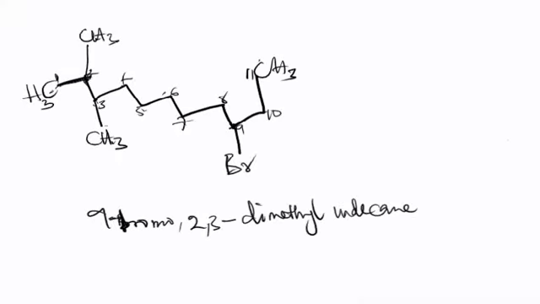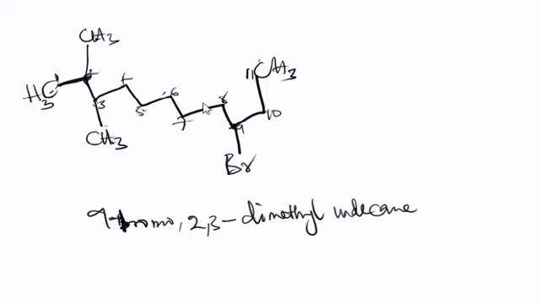So just like we have in this example here, you have the numbers to which this is occurring. It's occurring at carbon number 2 and carbon 3 here. So the numbers are listed after each other and then separated with a comma. So we have 2,3 and then dimethyl on the cane.